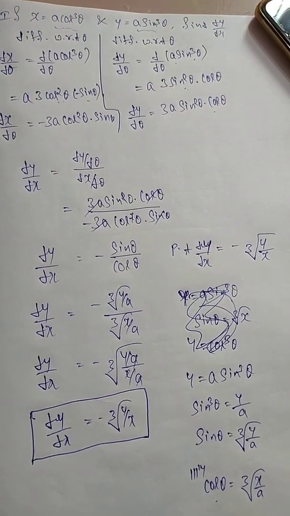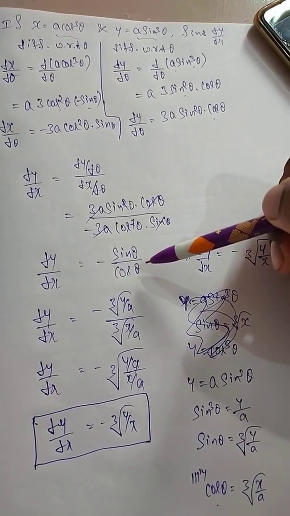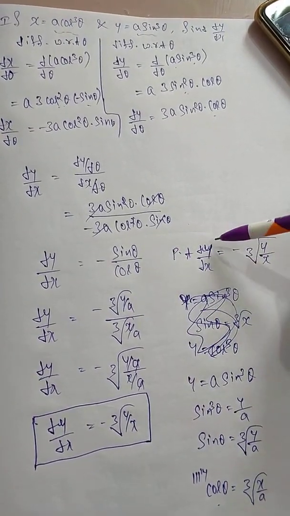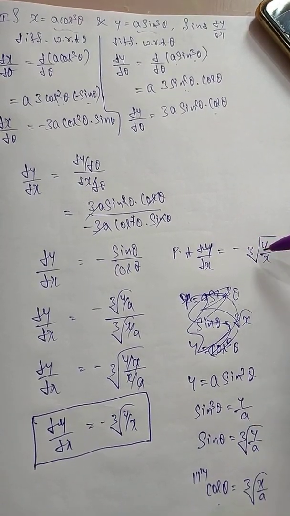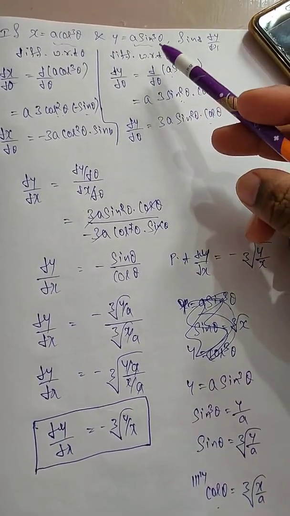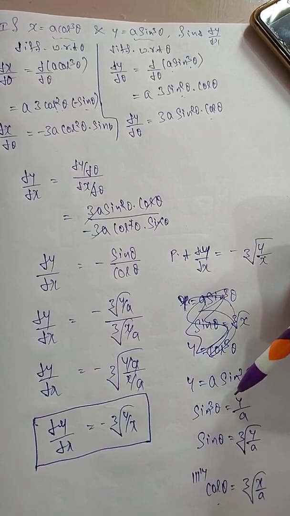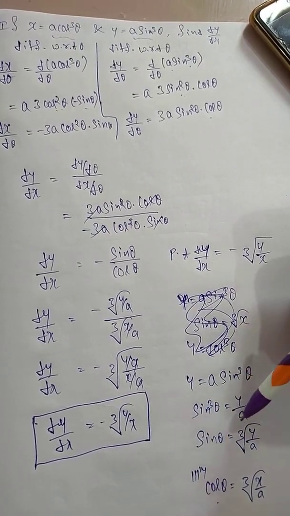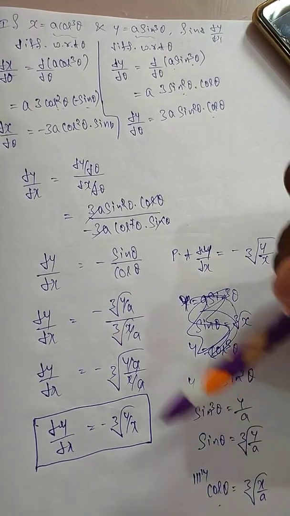Now here we are left with sin theta by cos theta. Sometimes they will ask a question like this: you want to prove that dy by dx is equal to minus cube root of y by x. To prove that, what I am doing is considering y is equal to a sin cube theta. So sin cube theta is equal to y by a. Sin theta is equal to cube root of y by a. Similarly, cos theta is cube root of x by a.